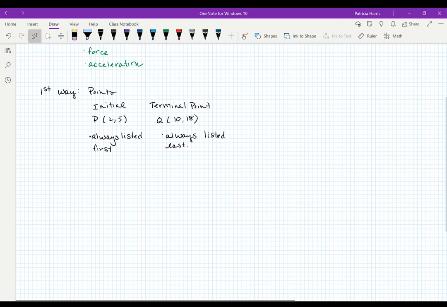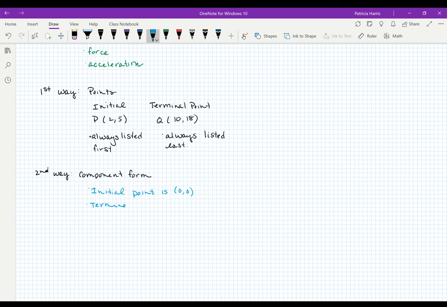This way is called component form. With component form, the initial point is always 0, 0. The terminal point is where it ends up, and it's the only information that you're given.